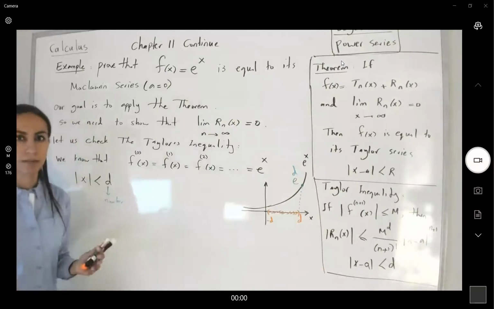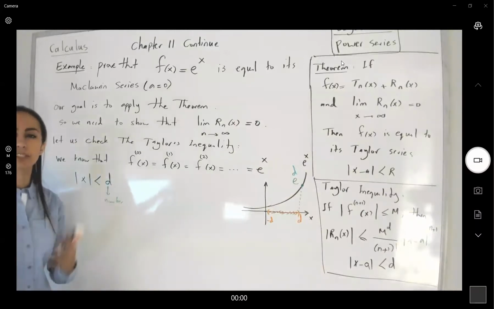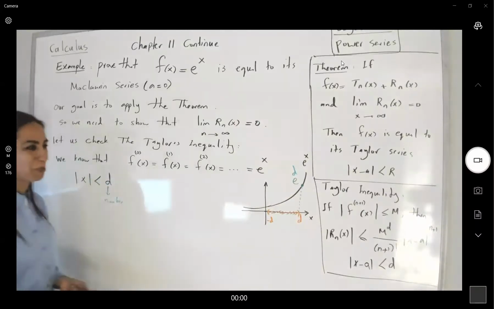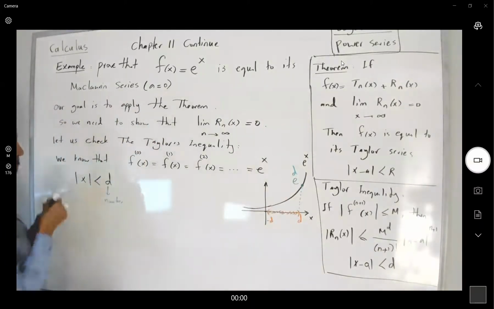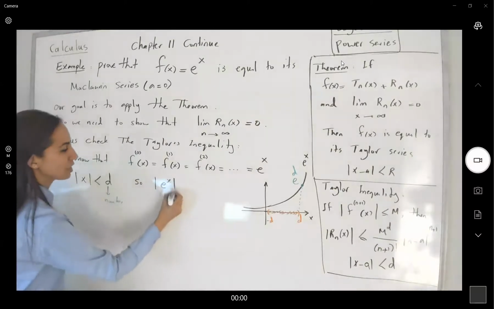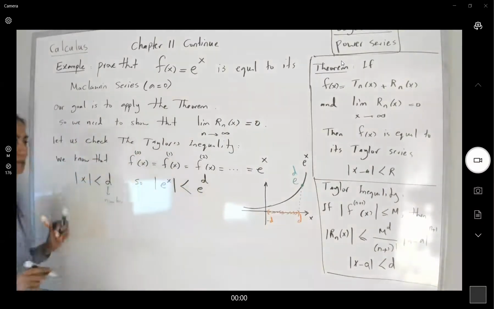So what's the meaning of that? It means that the nth derivative of the function, which is equal to e to the x, can be bounded by the maximum value e to the d. So the absolute value of e to the x is less than e to the d.